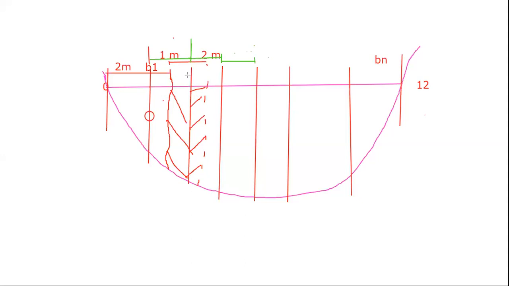Okay, यानी कि यहाँ पे क्या आएगा 1 का हाफ यानी कि 0.5 और 2 का हाफ यानी कि 1. So that will be 1.5 will be the average width we can say. So this will be 1.5. Similarly for a next one, और next one के लिए कहां से आएगा, ये यहां से आएगा, ये next strip रहेगा.